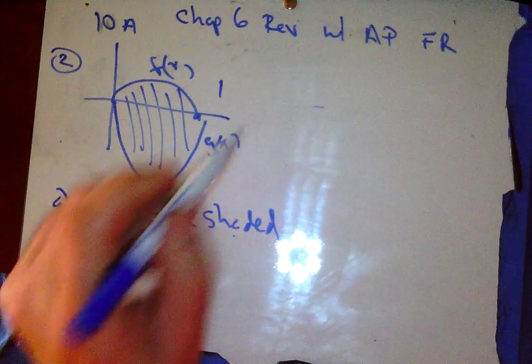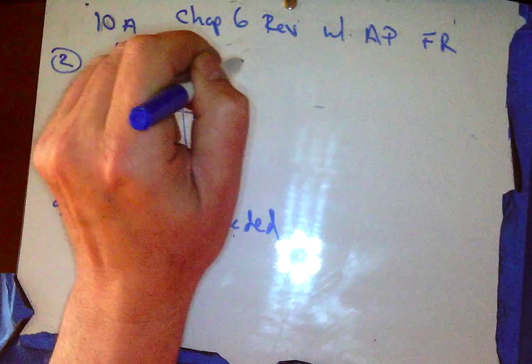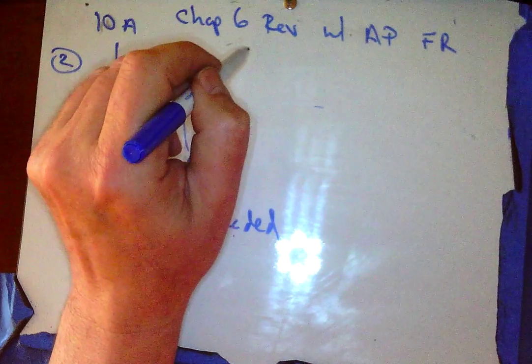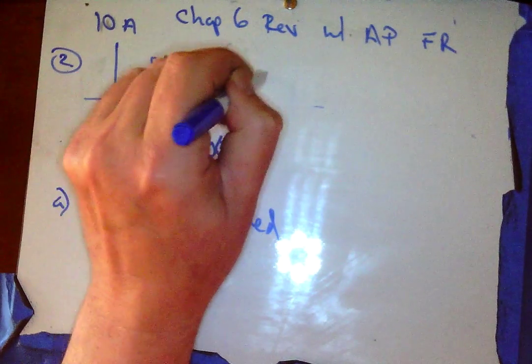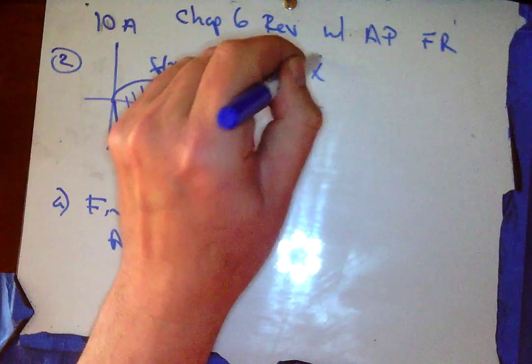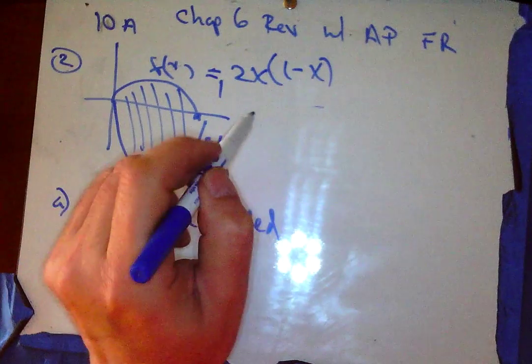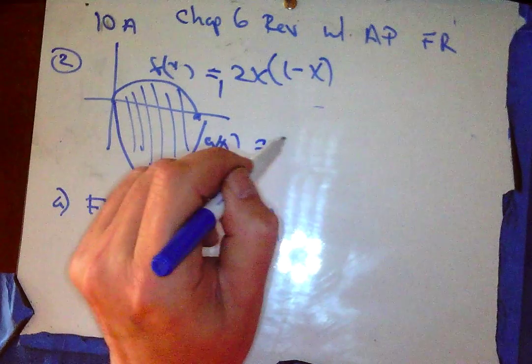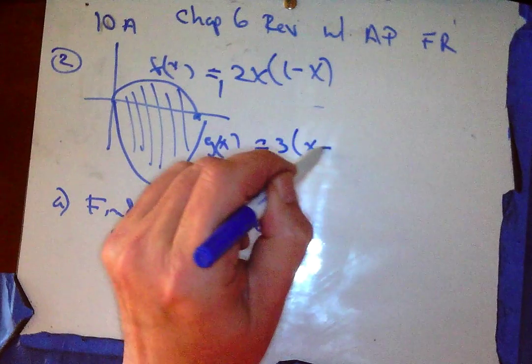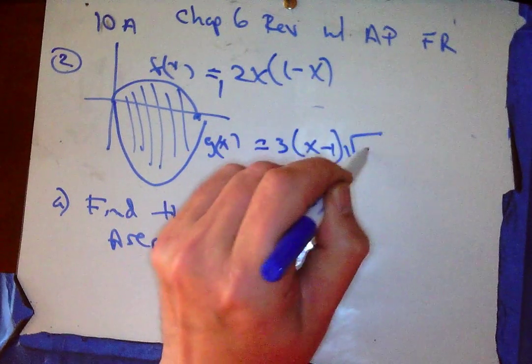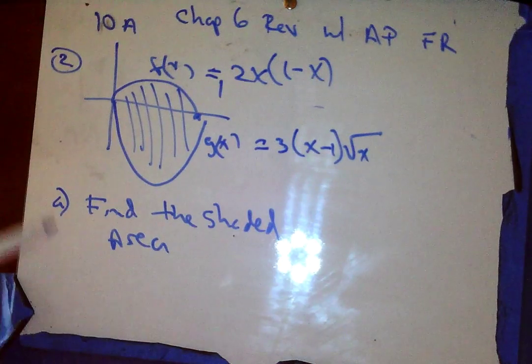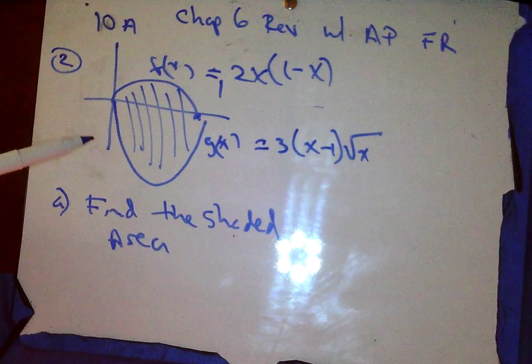Well, okay, we've been told that f is equal to 2x times 1 minus x, and that g is equal to 3x minus 1 times square root of x. Okay, and so how do I want to do it?